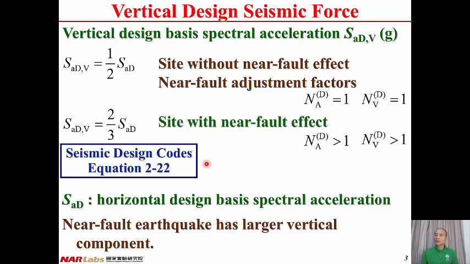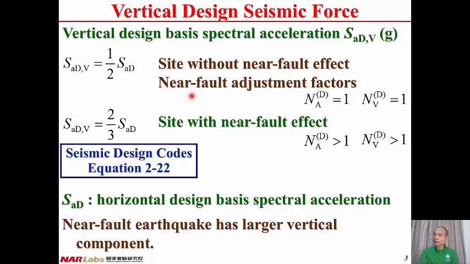According to the Seismic Design Code, Equation 2-22, the vertical design basis spectral acceleration, SADV, is smaller than the horizontal component. Therefore, SADV equals 1/2 SAD for the sites without near-fault effects.